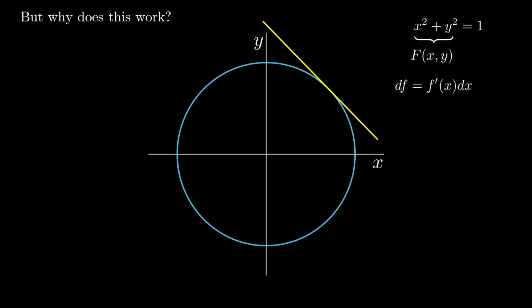In single variable class, the differential of lowercase f was equal to f prime of x times dx. In this case, big F has two variables, so it has two derivatives, right? The derivative with respect to x and the derivative with respect to y. So what do you expect the differential to be?